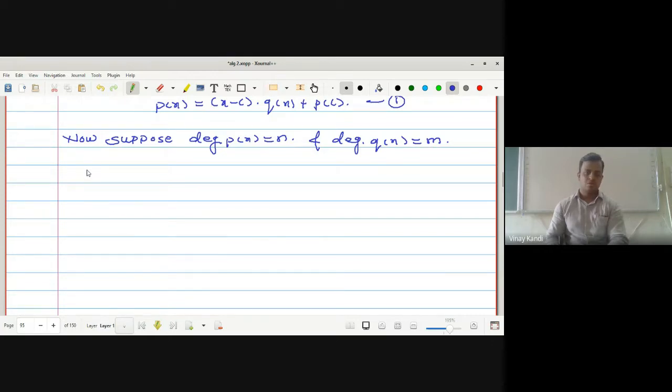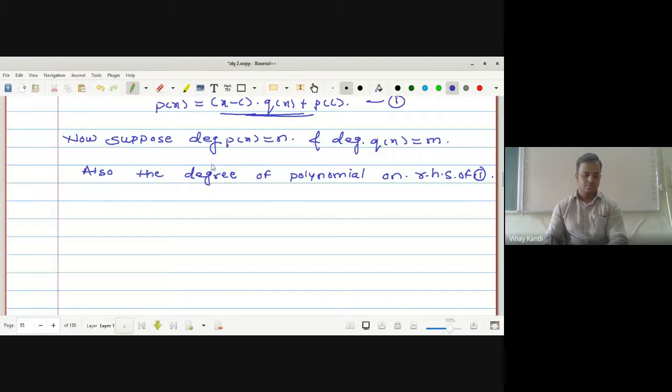Now from equation number 1, also the degree of the polynomial on the right hand side of equation number 1 is m plus 1, since this one is m and the degree of this one is 1.